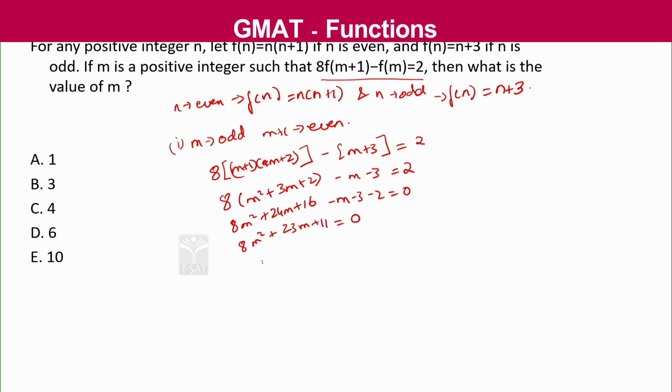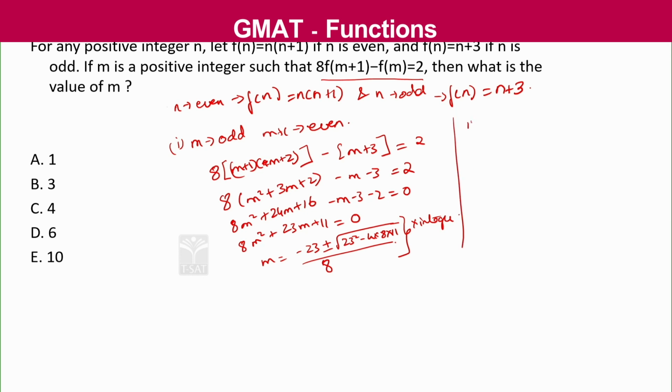From here you can calculate m = (-23 ± √(23² - 4·8·11)) / 8. By just looking at this without calculating completely, we can say it is not an integer value. Therefore, you can discard this case of m odd and m + 1 even.